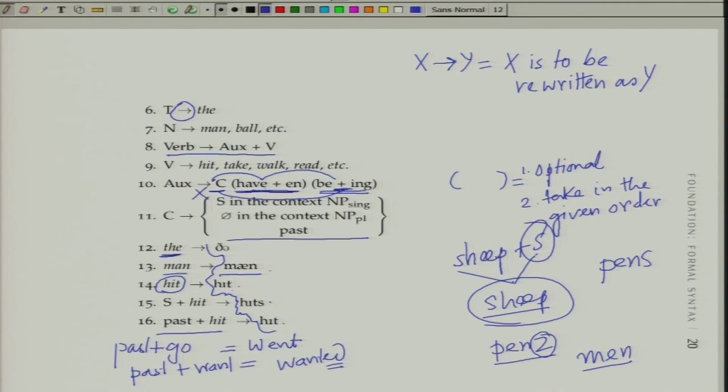Now, the past in a sense gets manifested in wanted, but in went, well, it is there, but its physical form is nowhere there. This is very, very important, but in hit, it is just not there. Hit and the past morpheme make hit. So, it has completely vanished, it has disappeared, it is invisible there in this formation.